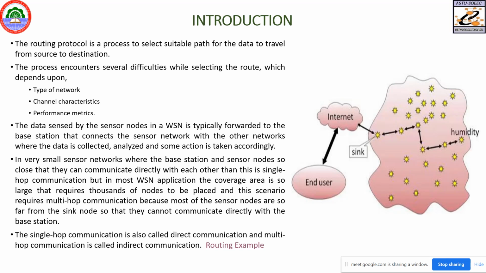All these sensors will sense regularly to measure the temperature or the humidity in that region. Let us assume that this is a sink node and there are various sensor nodes, and this is our destination node.